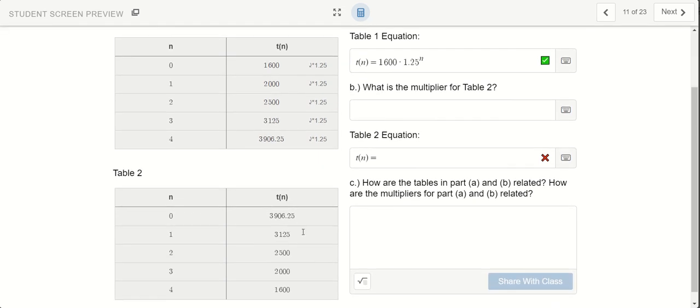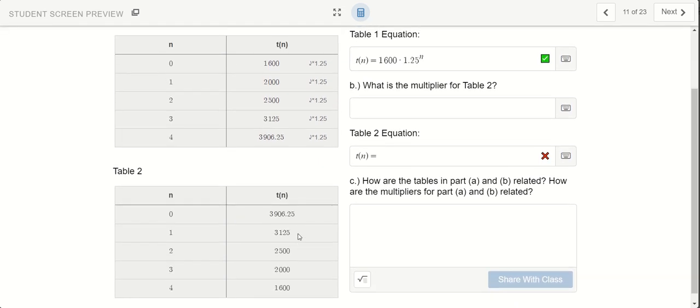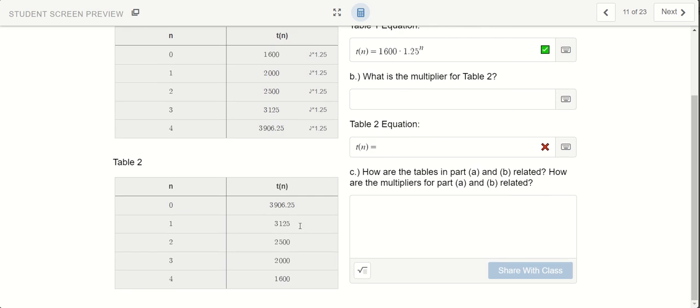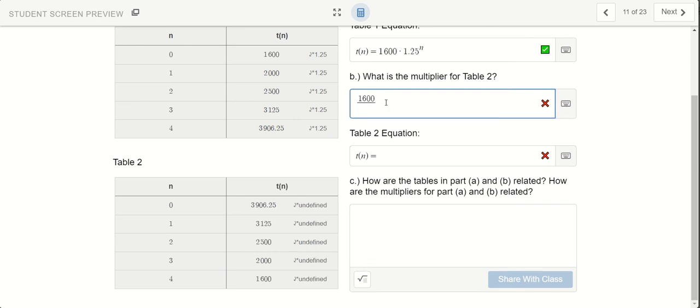All right, in table 2, same thing like before. I can pick two spots on the map, and I'm going to use those two consecutive ones to figure out my ratio. I take the next term, what happens next, divided by the one right before it, next divided by previous, and I see that my ratio is 0.8.